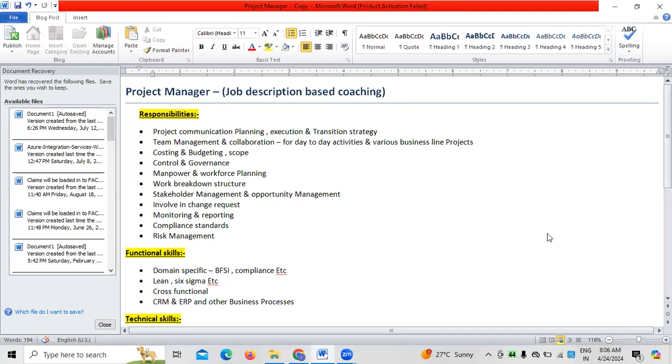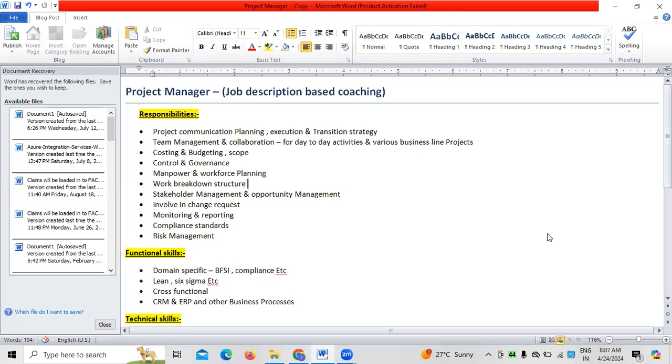Whatever role people are playing, especially project manager roles, the budget planning and cost planning will vary from traditional practices to agile. So we'll be involved in project costing, budgeting, and preparing budgeting reports and analysis. This is also required for a project manager.